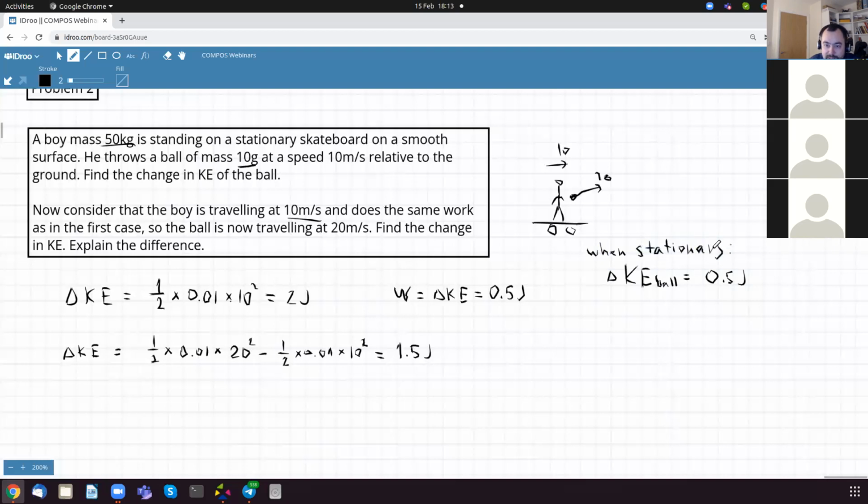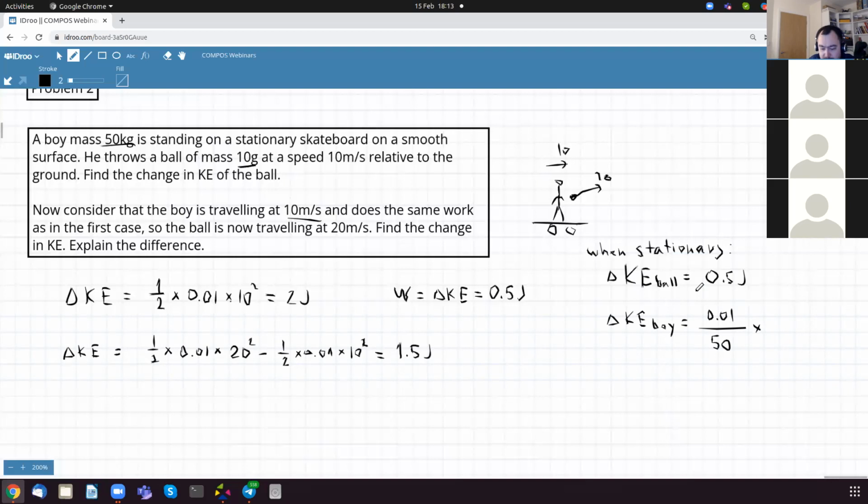And we have seen that we need to calculate the ratio. The change of the kinetic energy of the boy is the mass of the ball, so 0.01, divided by the mass of the boy, which is 50 kilograms, times 0.5.